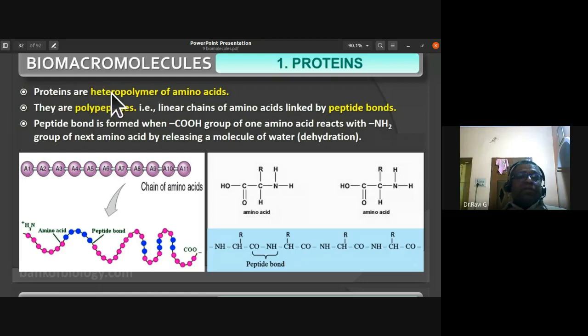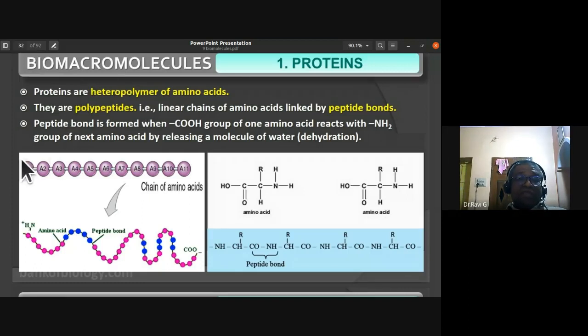Okay, so the proteins are heteropolymers of amino acids. It's not a homopolymer, it is a heteropolymer. That implies they might have different types of amino acids, not the same type of amino acids. So that is the reason we use the term proteins are heteropolymers of amino acids.